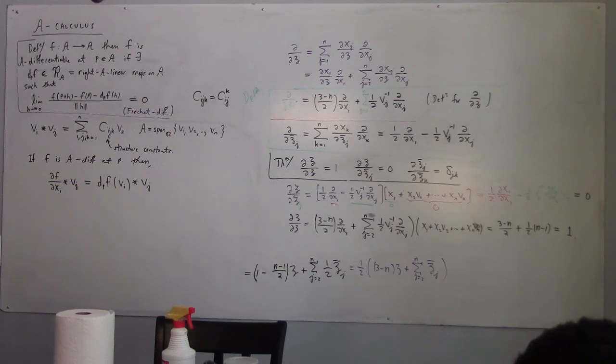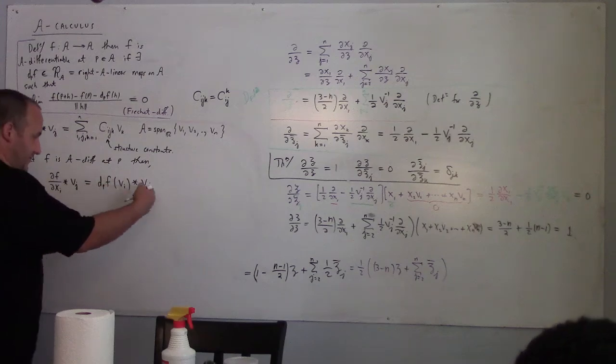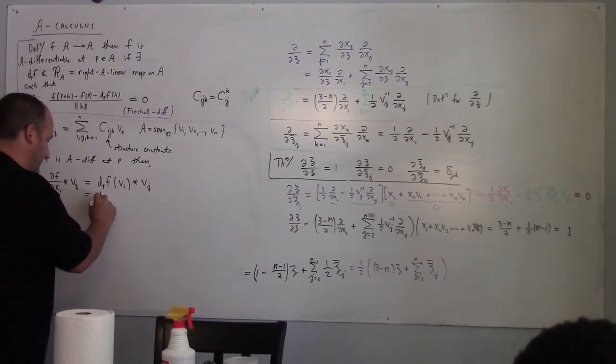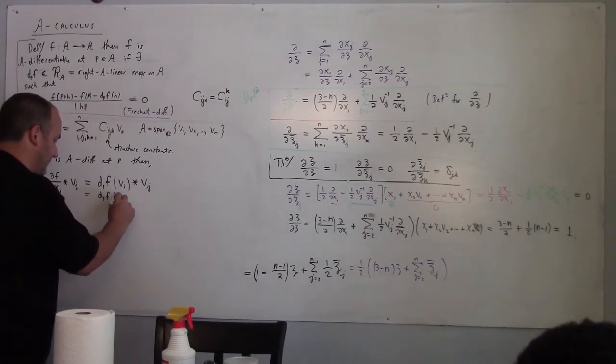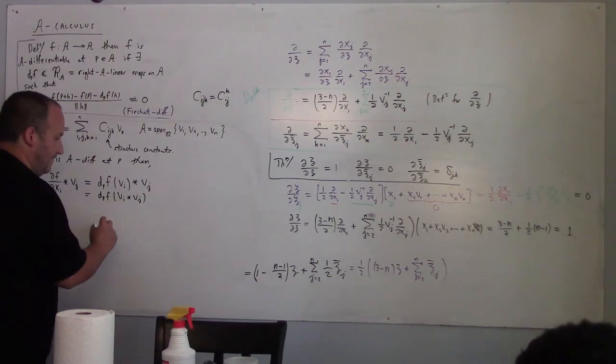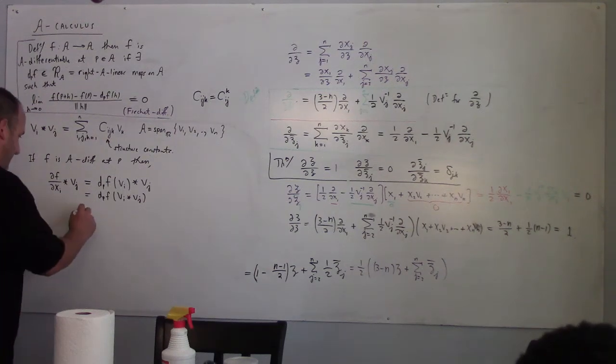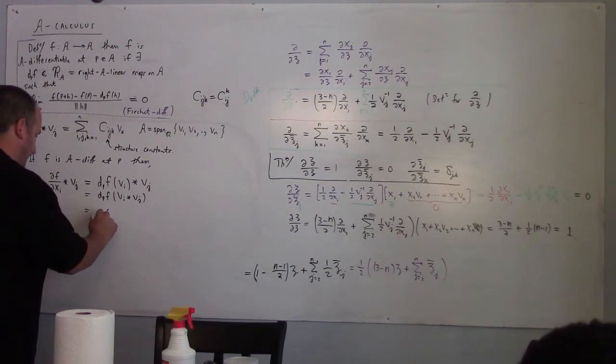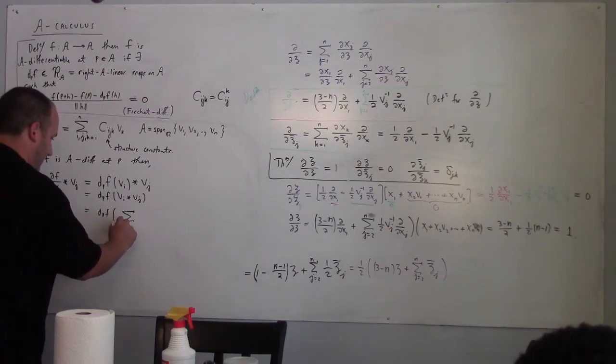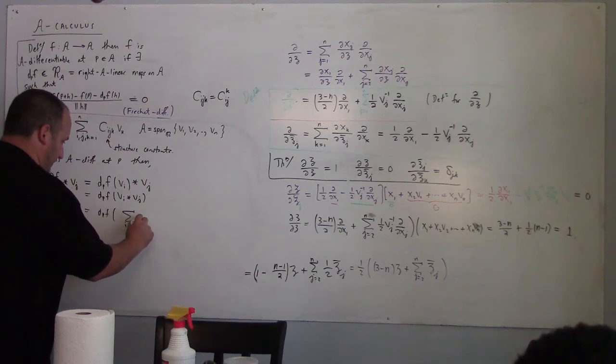Anyway, now we know what the differential is, right? It's linear. So we pull that in. And then the definition of structure constant. This is the sum over ijk of c, I guess I'll put my k upstairs to be annoying, vk.